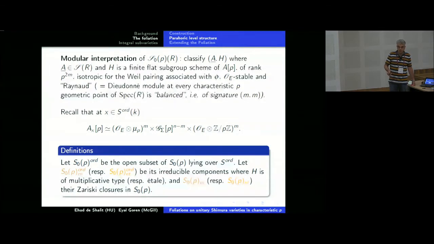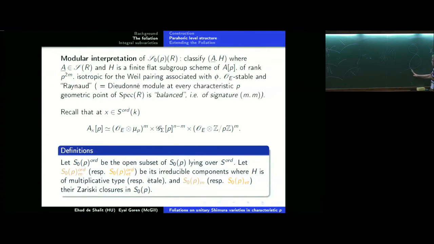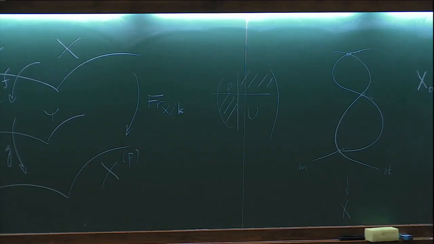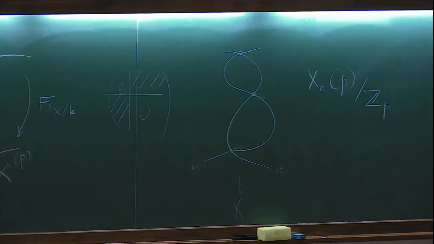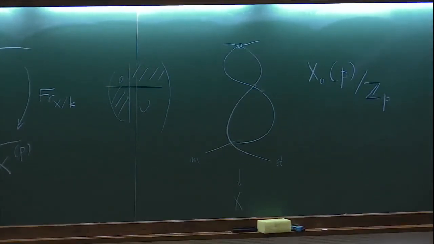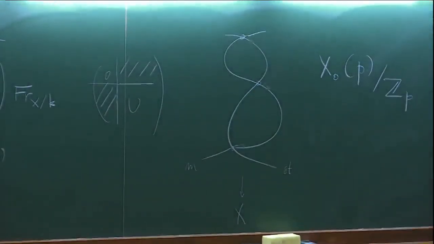They happen to be irreducible components of this part S ORD, where H is of multiplicative type or étale. And then once we do this, we drop the ORD to denote the Zariski closures in S0P. So here this would be like taking each of the P1s minus the supersingular points and then filling in the supersingular points, the missing ones. But of course, what we do here is much, much more complicated, and we really a priori do not know what's happening when you take this Zariski closure of these irreducible components.